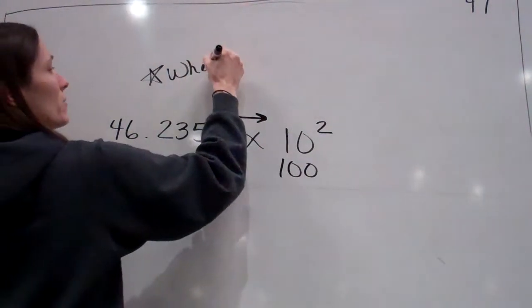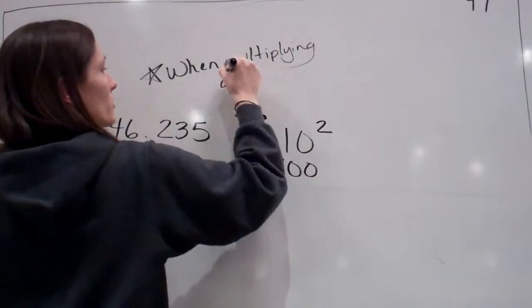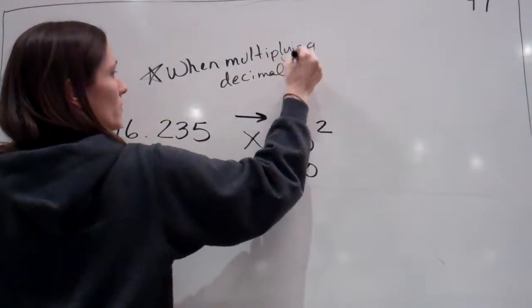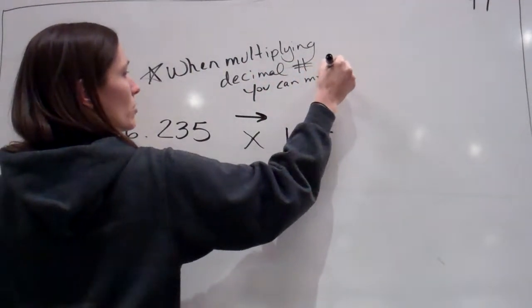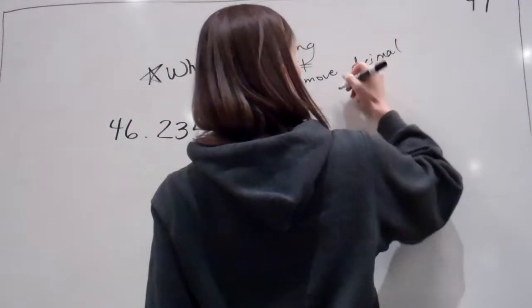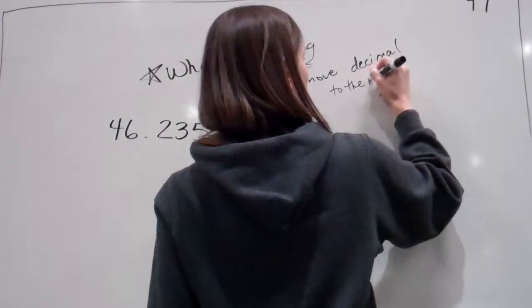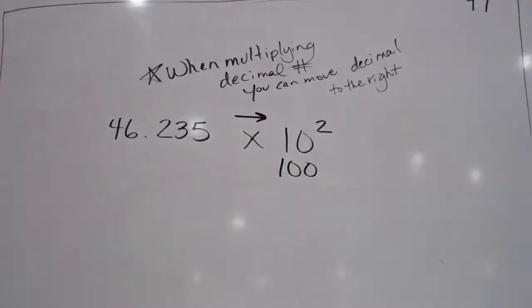Write that down: when multiplying decimal numbers, you can move the decimal to the right based on however many places there are, how many zeros there are.